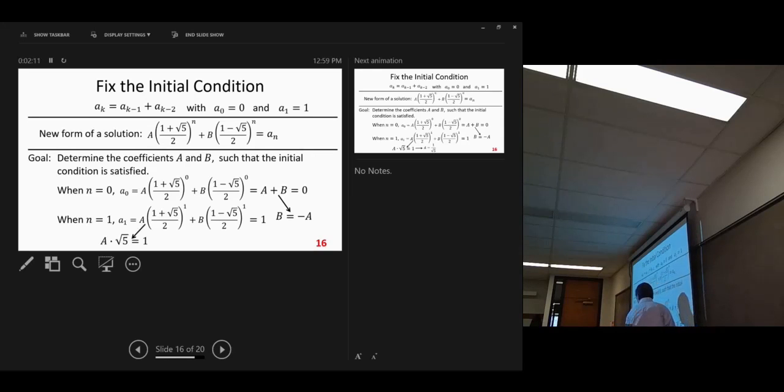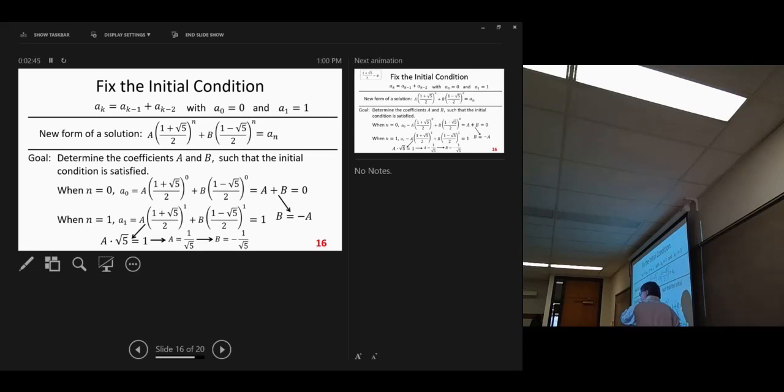So we get square root 5 times A equals 1. So we can find A equals 1 over root 5. B equals negative A, so B is negative 1 over root 5. So we get A and B.